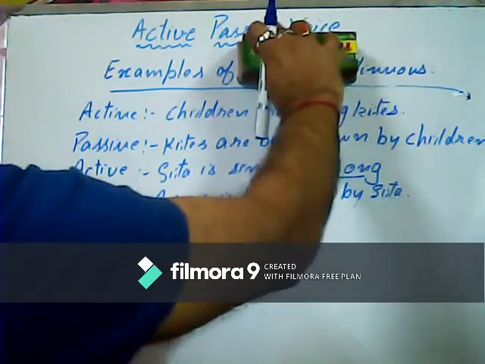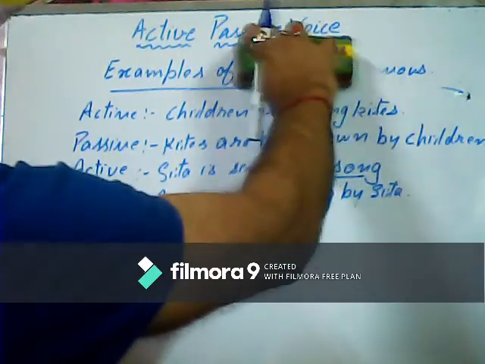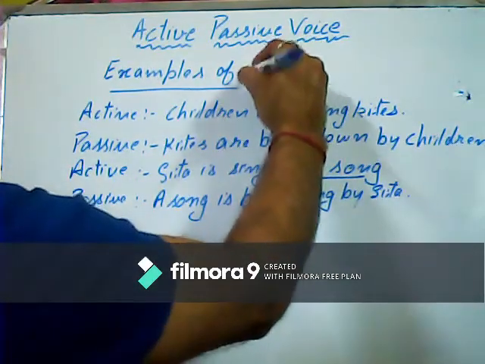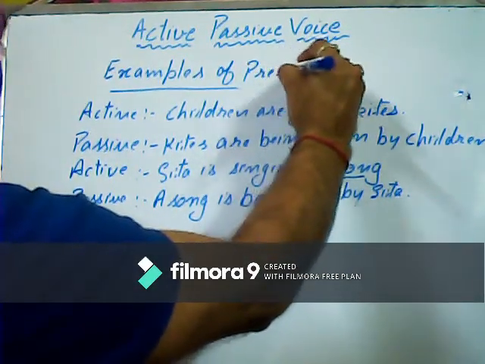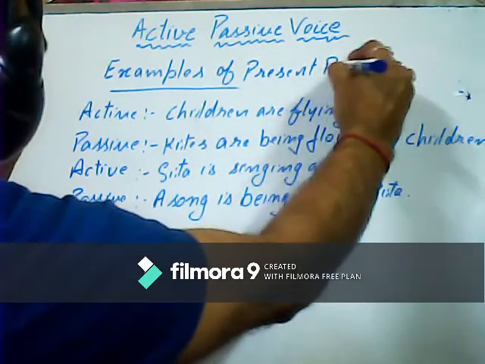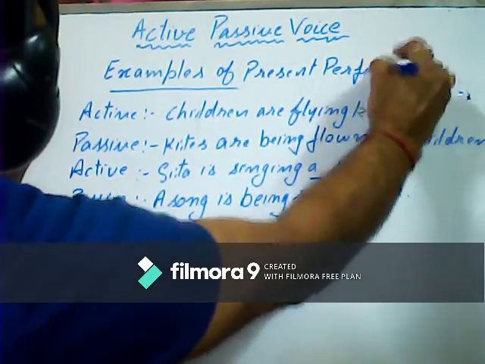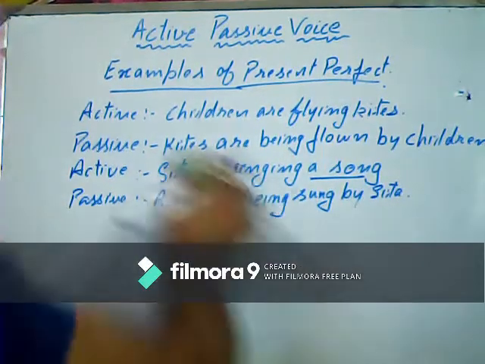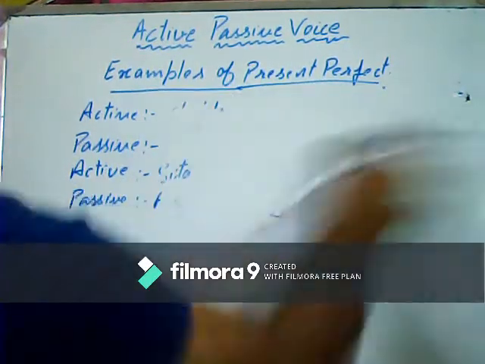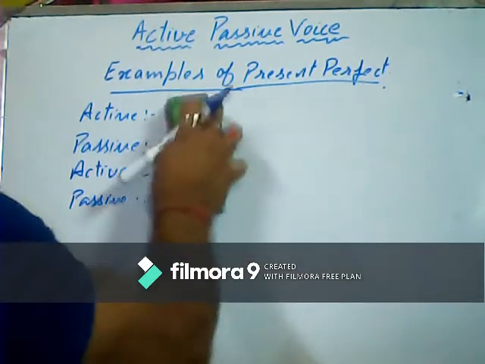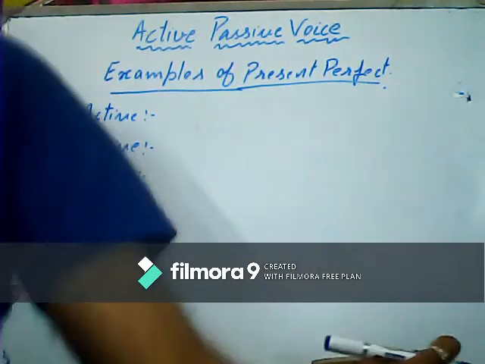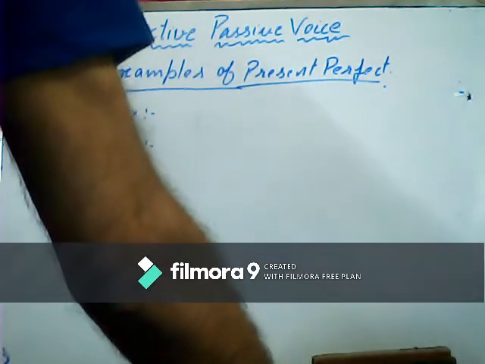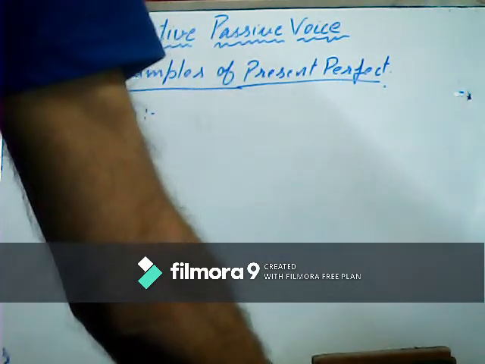Now we go to present perfect. Now in present perfect, in active voice we'll take one example of present perfect, that is they have cut all telephone wires.